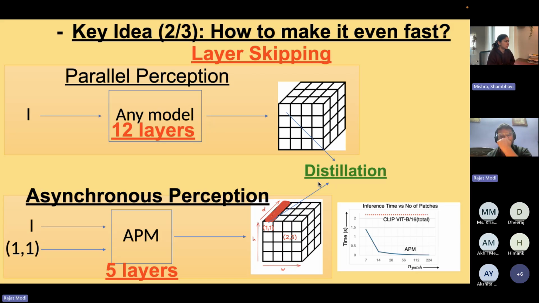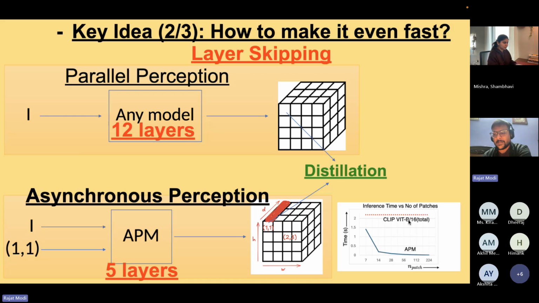Okay, makes sense. So now here I'm showing the inference time versus number of patches. You could query the model at the bottom with location 1, 1, 2, 2, 3, 3, 4, 4. So you could query individual patches in it. But in a transformer, you cannot query patches because attention is entirely parallel. The network can't break a patch size of 224 into any lower number of patches.